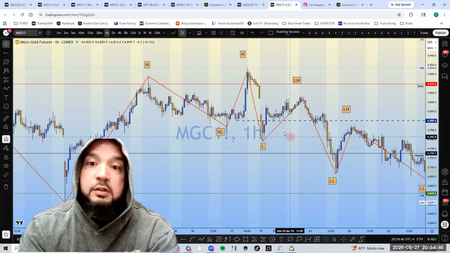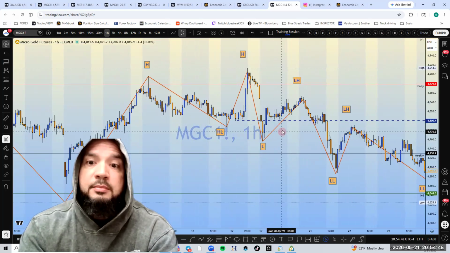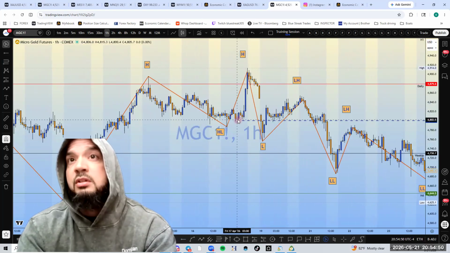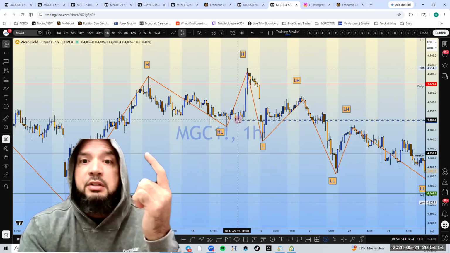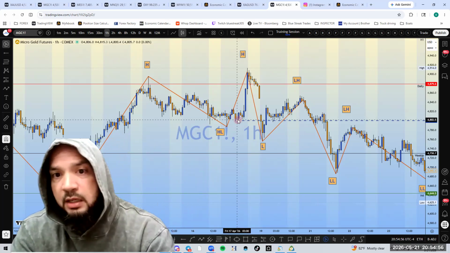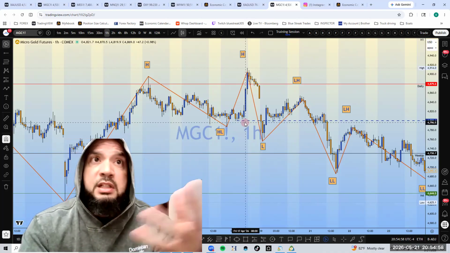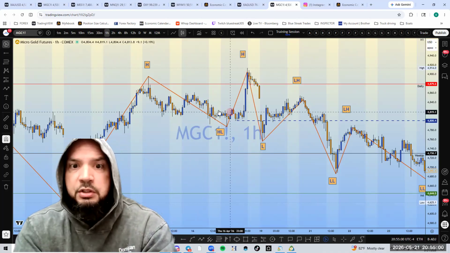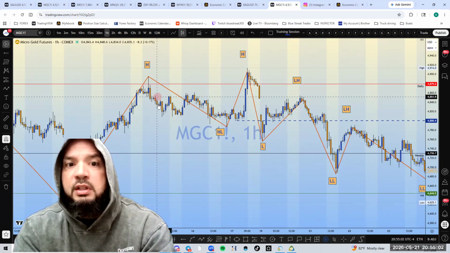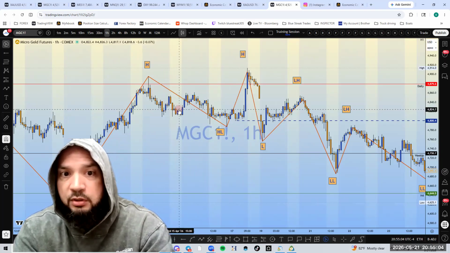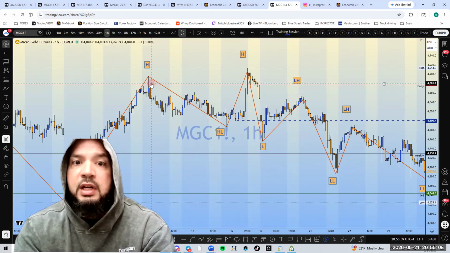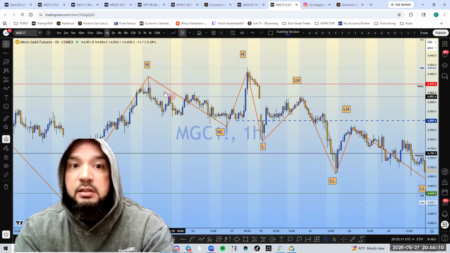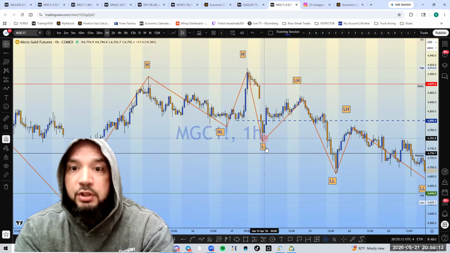What else does this indicate? Yes, it's a break of structure, but it's also called a change of character. This is how you get a change of character, like this. You don't get a change of character within the trend, like within the leg. You get a change of character when it breaks the entire structure.